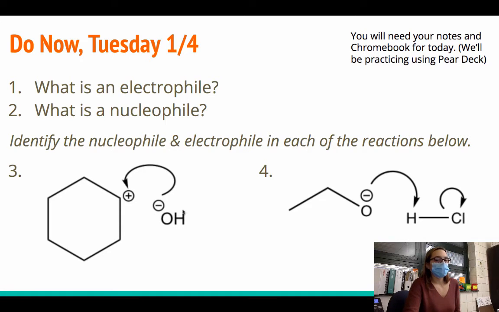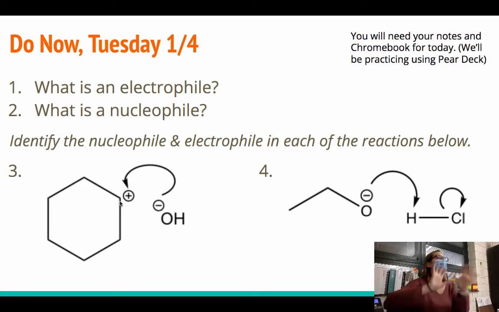And that makes this OH the nucleophile. This oxygen has that negative formal charge, which means it has more electrons than it technically would like. Technically, you want a formal charge of 0. And so this curved arrow is showing the movement of one of the lone pairs to this carbon.